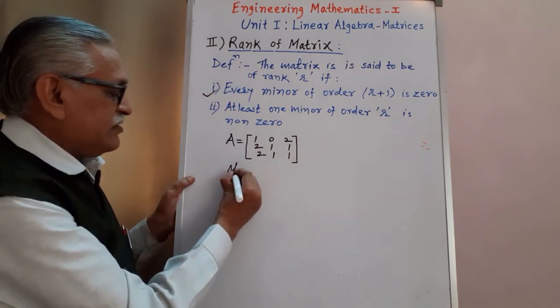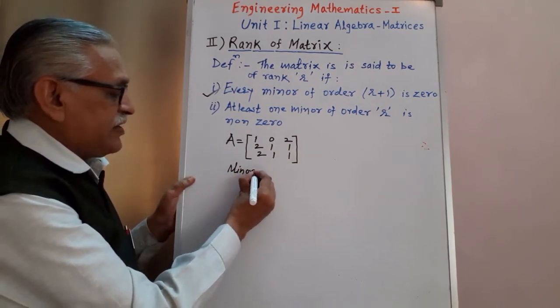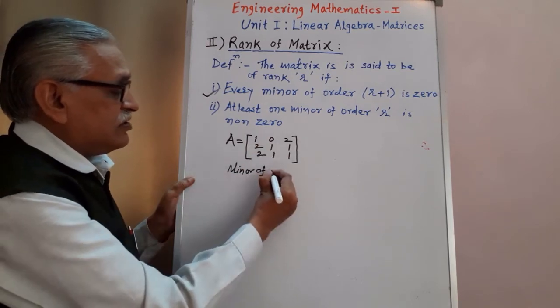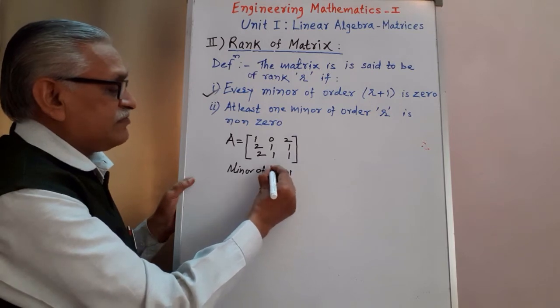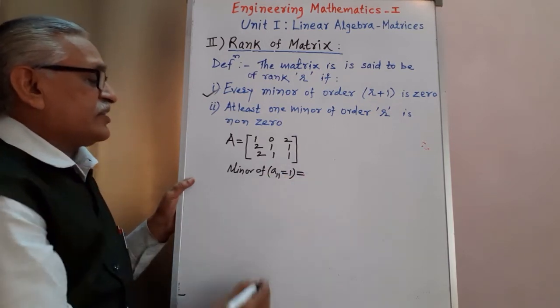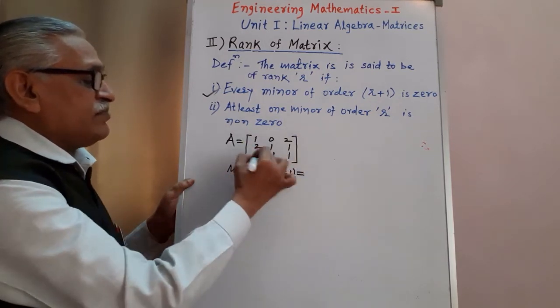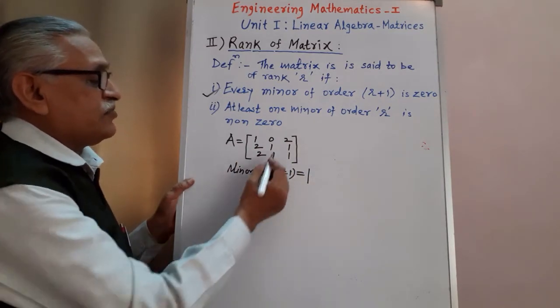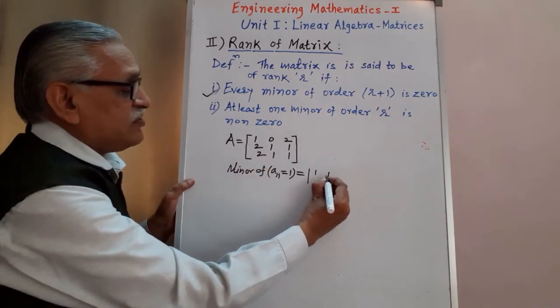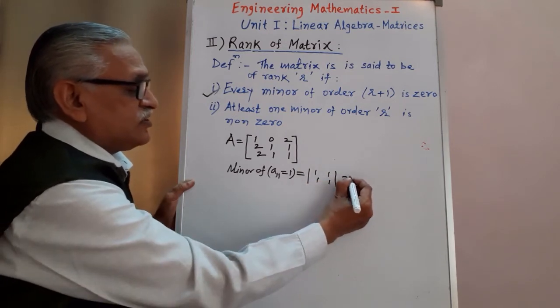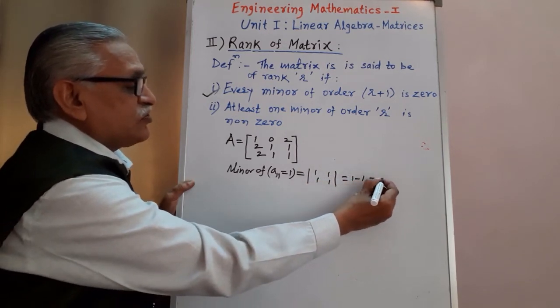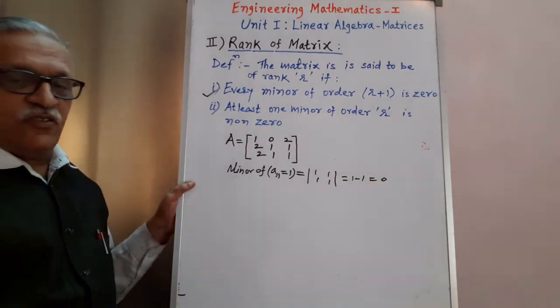Therefore, first we find the minor of element a11, first row, first column, 1, neglecting this row and this column, a determinant of 1 1 1 1, we get 1 minus 1 as 0. We are not getting a non-zero value.